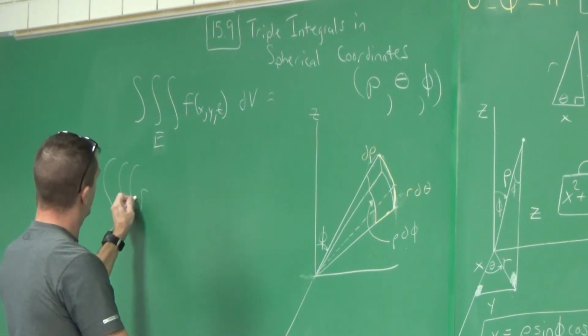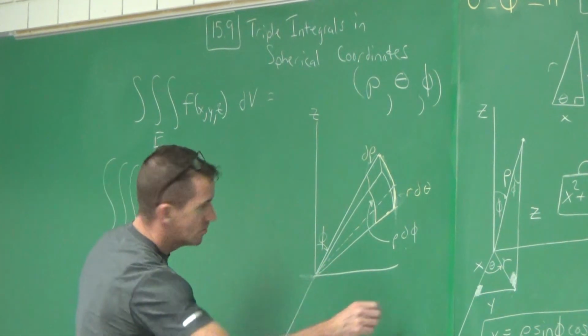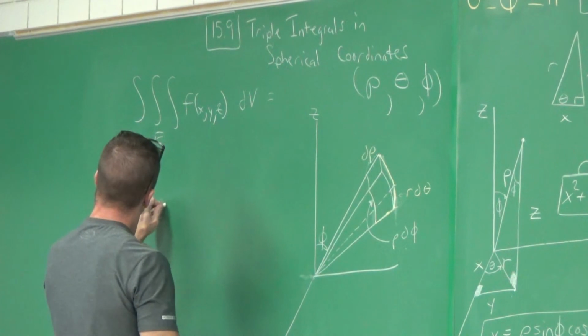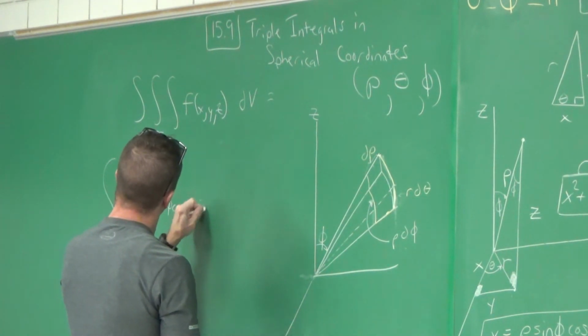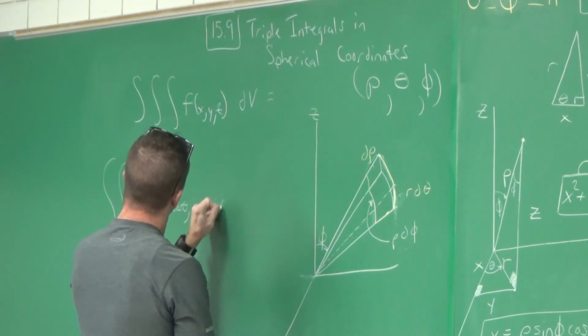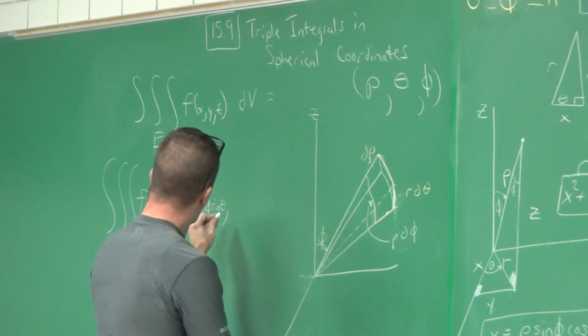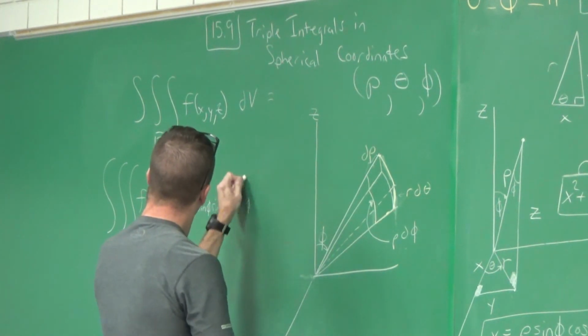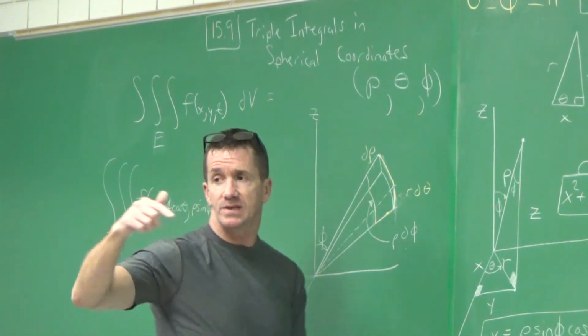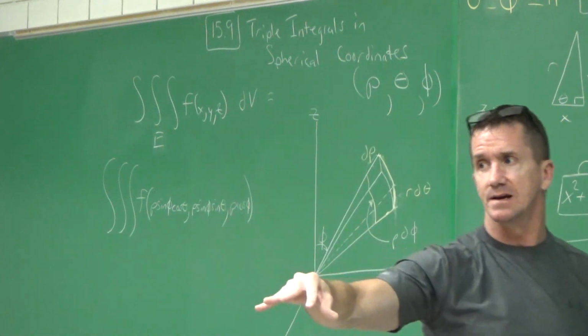It'll be f of rho sine phi cos theta, rho sine phi sine theta, rho cosine phi. And I'm about to put down d rho, d phi, d theta.